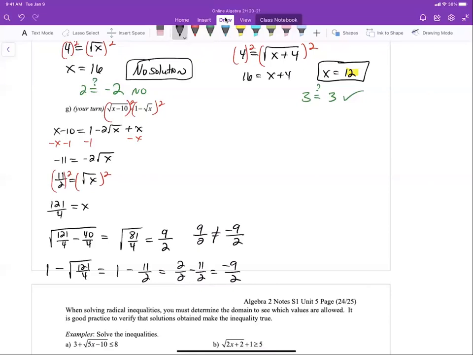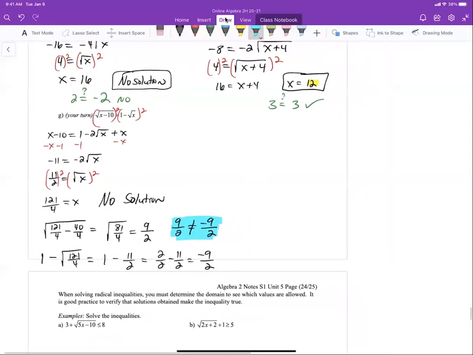And so this solution that we found is one of our extraneous solutions. So this is no solution because of this. Now, if I were to have squared both sides, I would have gotten 121 over 4 equals 121 over 4. And so there you go. This is the answer: no solution.